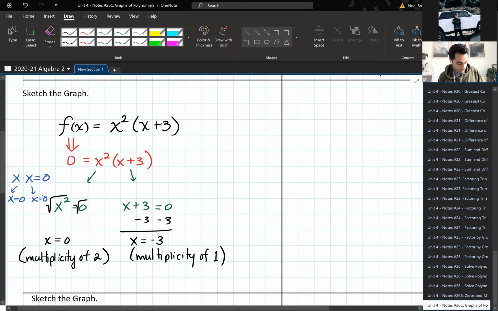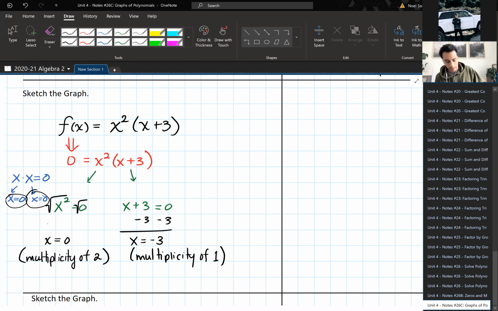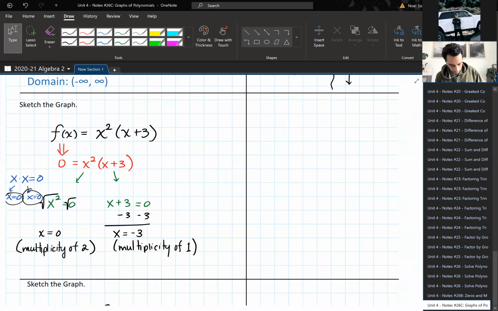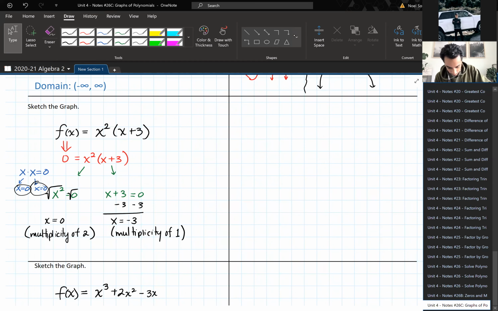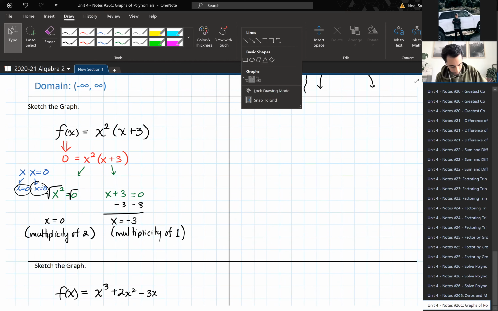Versus on the other side, we could argue that, hey, that x squared, x times x, gives us the same solution twice. So that's why 0 has a multiplicity of 2. Okay, so that's critical information, right? We're going to use that to then be able to at least start the sketching of our curve. All right, and that's where we're going to go onto the other side. So let me drop in an xy axis.